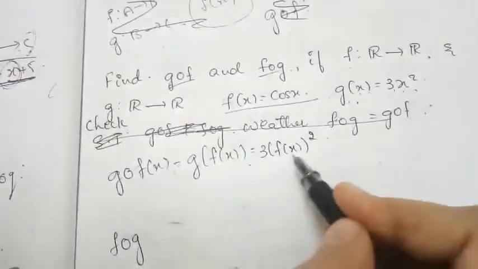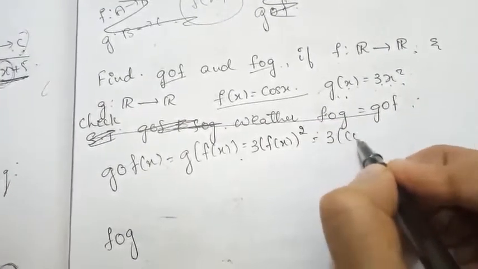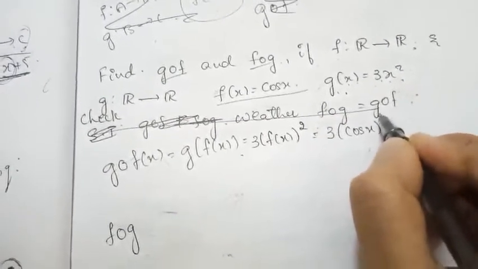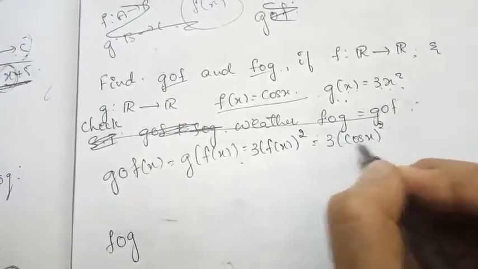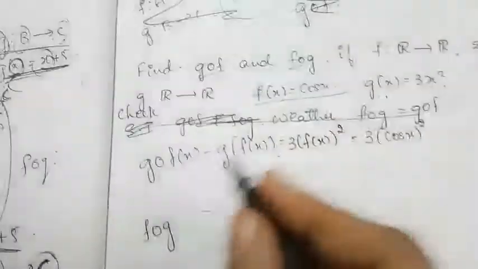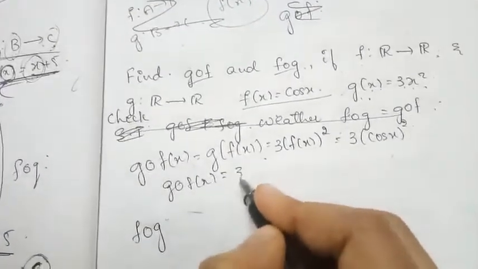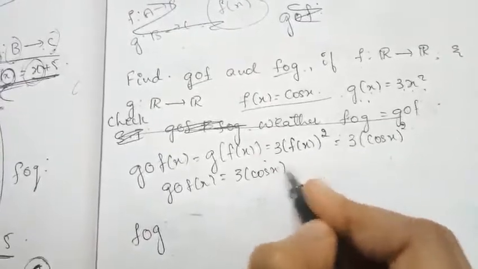So now what is f of x? It is cos x. So what happens? 3 of cos x whole square. Understand it clearly. Concentrate upon the brackets also. This is g of f of x, which is 3 of cos x whole square.